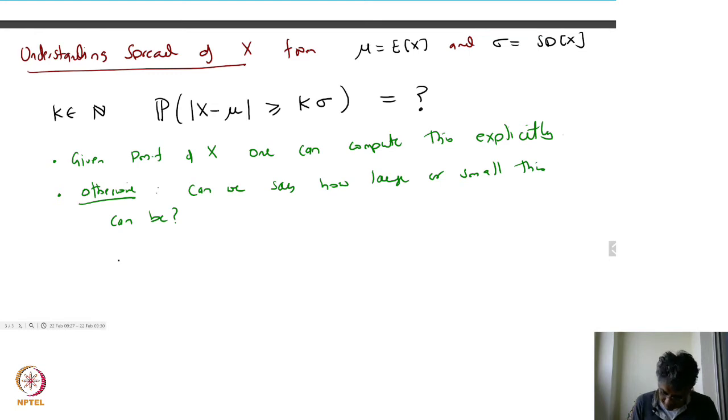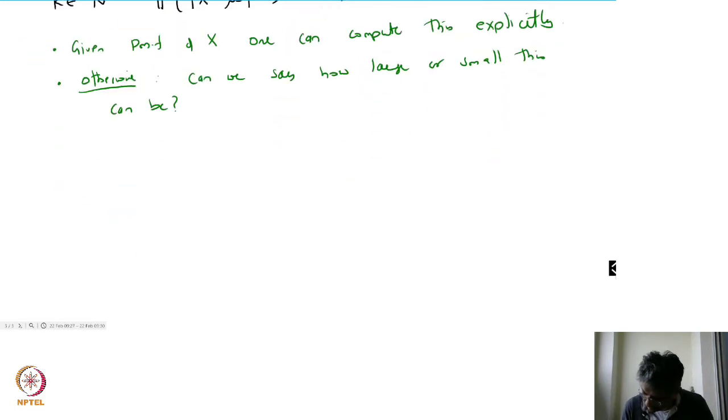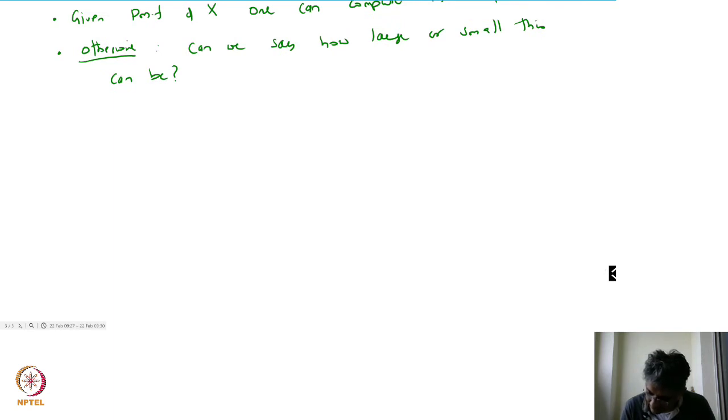So let's see. The event, let me call the event. X is a discrete random variable.